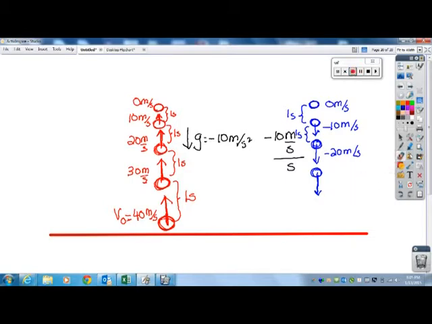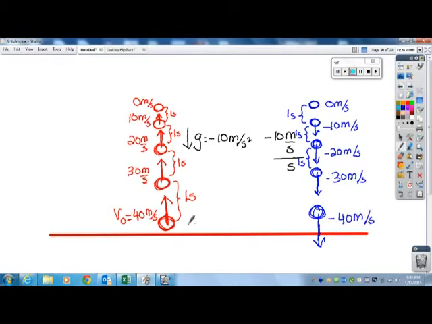Let me write that meter. And then finally, 1 more second later, the ball is going to reach a speed of negative 40 meters per second.